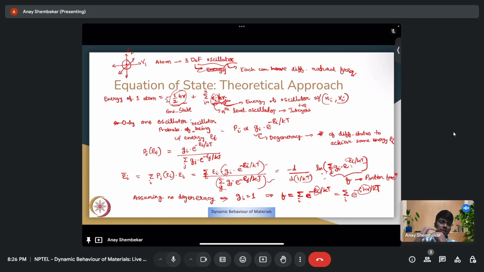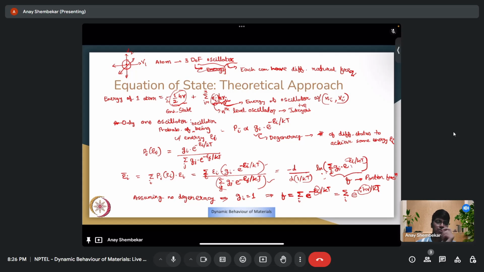So why are we interested in the probability distribution? Another reason is that a system of atoms will have a very large number of atoms. You already know how big Avogadro's number is. If you take 1 mole of carbon, that would be 12 grams, and in that you will have 6 times 10 raised to 23 atoms.